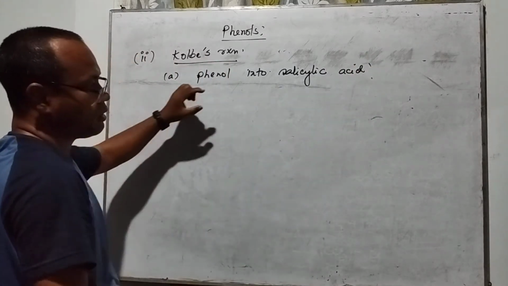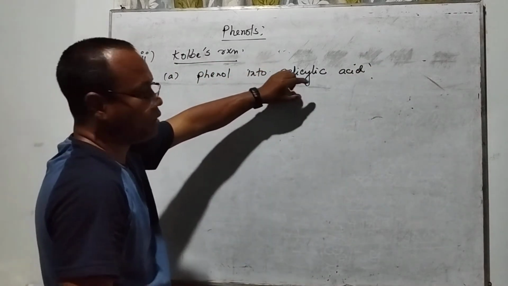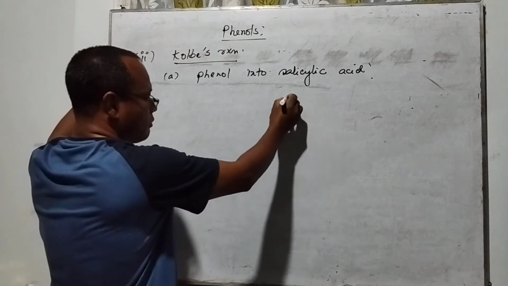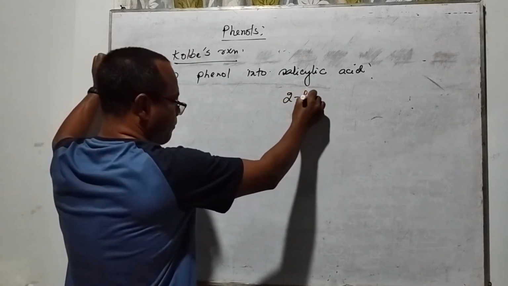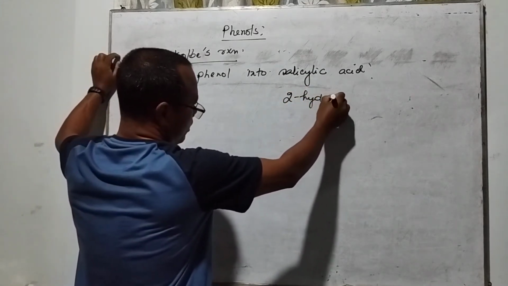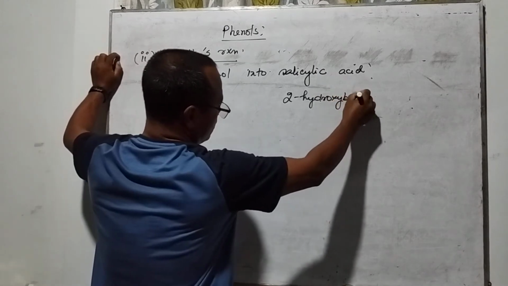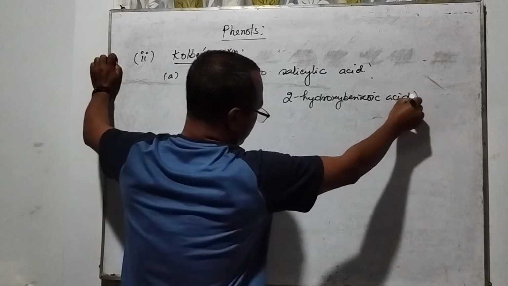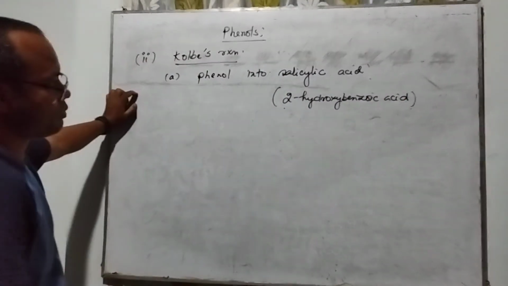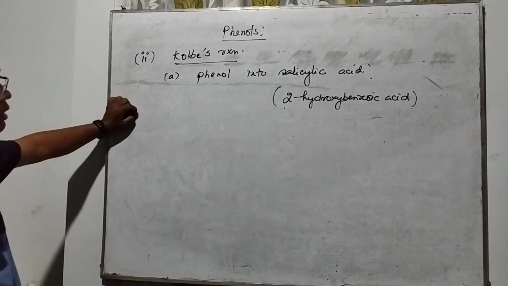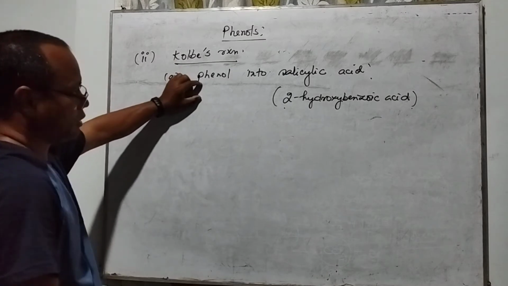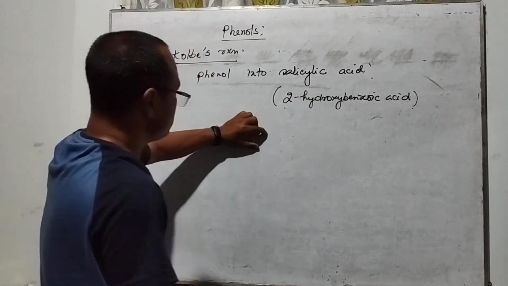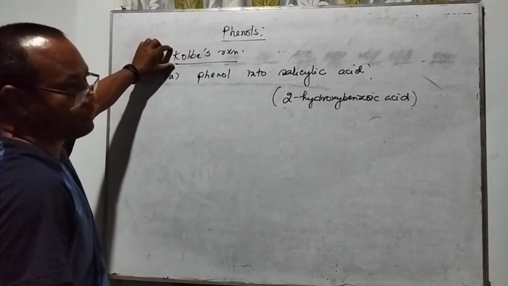What is the chemical name of salicylic acid? We write 2-hydroxybenzoic acid. That is what we call salicylic acid. Phenol converted into salicylic acid is our Kolbe reaction.